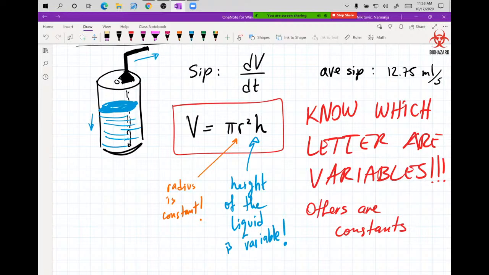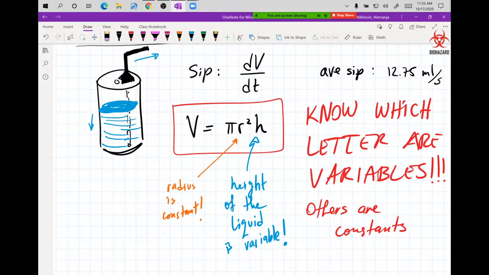Soda can, and now they give me different ones. What's the standard volume of a soda can? 335 milliliters. Okay, 335 milliliters. Now I have to chase that over here. Metric.